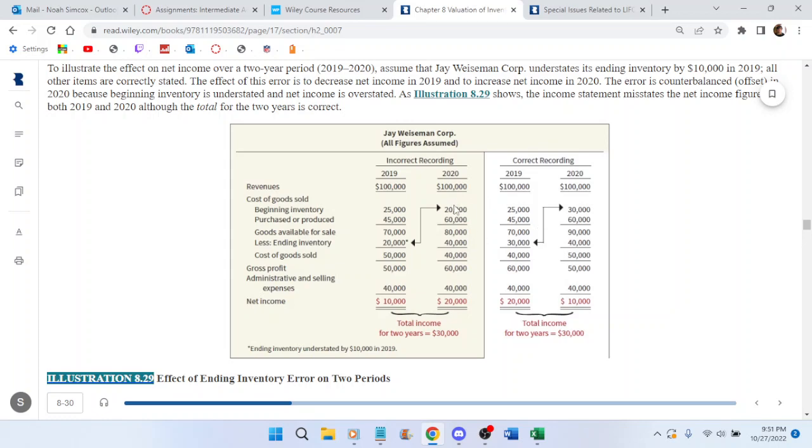The beginning inventory of next year is understated by $10,000. What is the adjusting entry you must make to fix the problems? It's understated by $10,000.